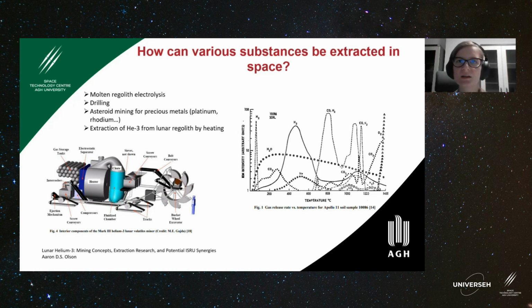And here are pictures from a work about lunar helium-3 mining concepts. And the soil samples brought by the Apollo mission show what gases are released in which temperature.